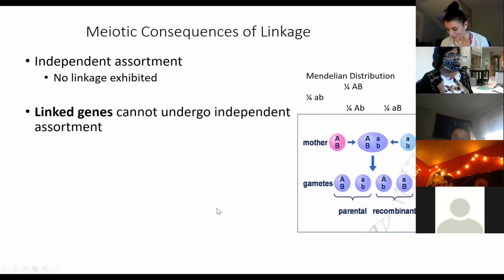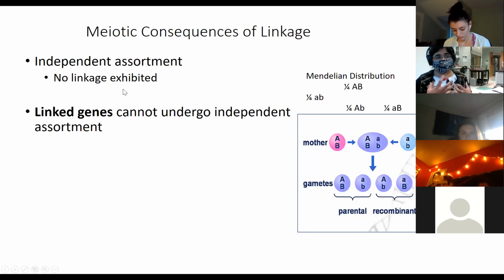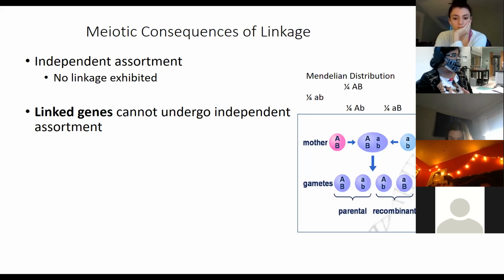So, meiotic consequences of linkage. When genes are independently assorting, there is no linkage. But linked genes cannot assort independently because they're together. They're stuck together, okay?